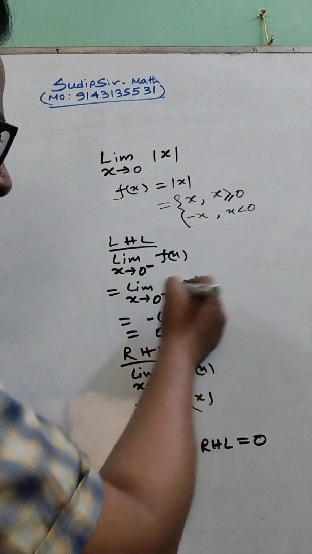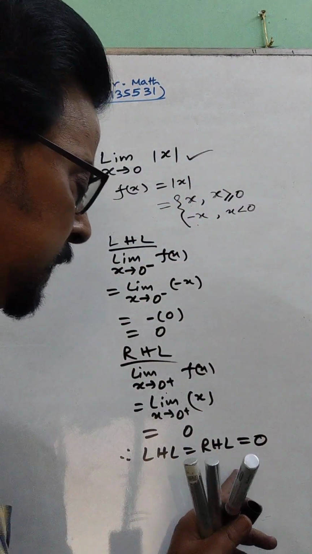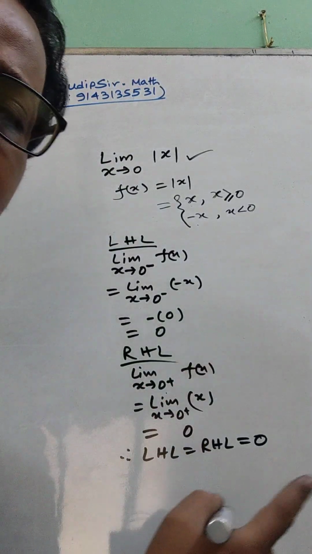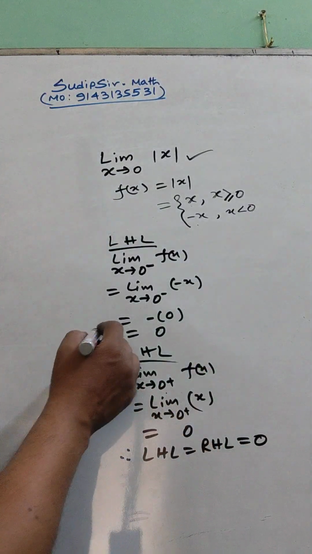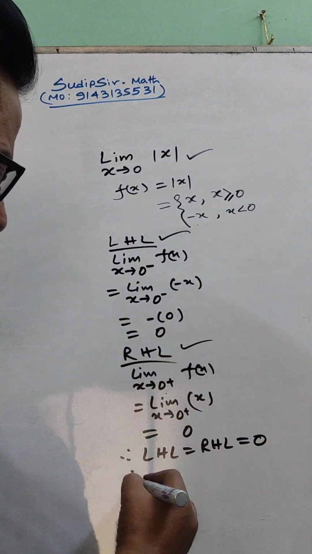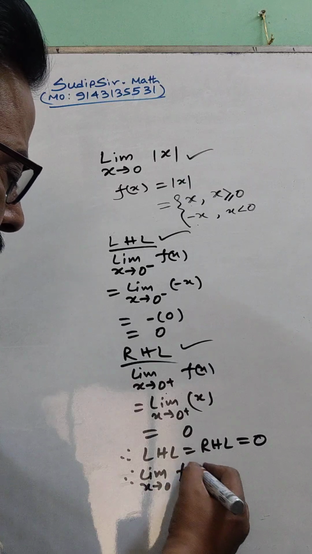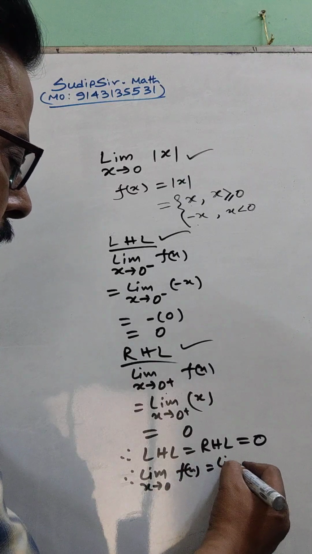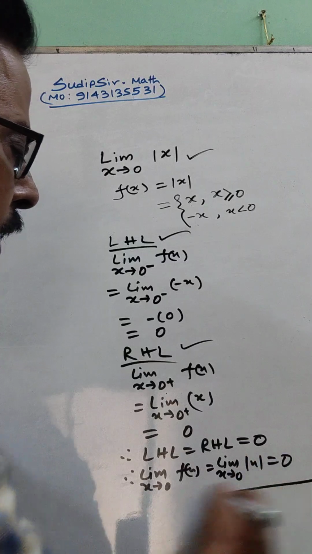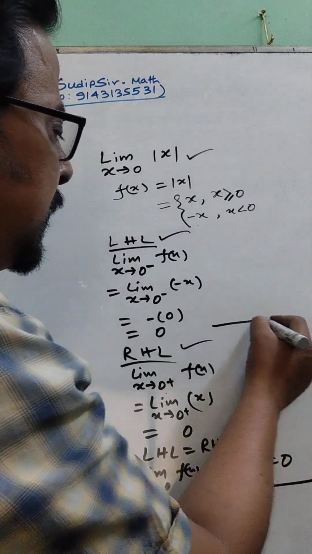So the limiting value will be 0. If these two are not equal, limit does not exist. So LHL equal to RHL, this will be the value. Therefore limit x tends to 0 of f(x), or limit x tends to 0 of mod x, equal to 0. So this is the approaching value 0.